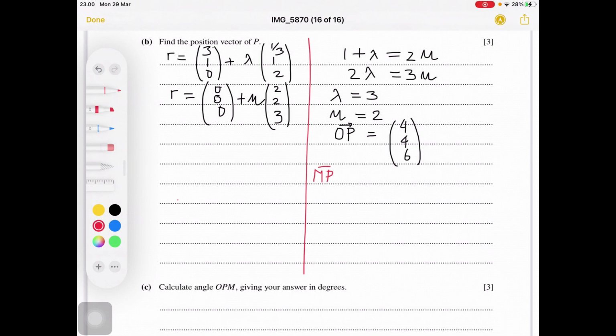Vector MP can be found using the formula OP minus OM, and it's equal to (1, 3, 6).